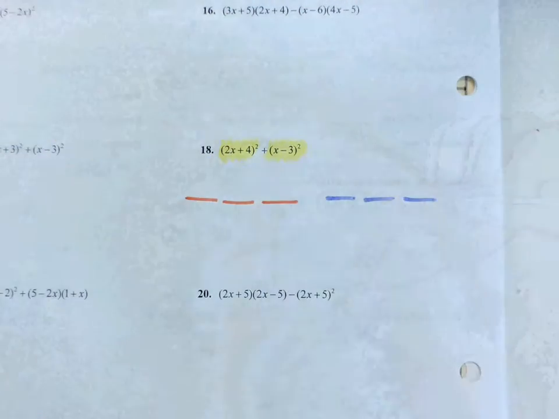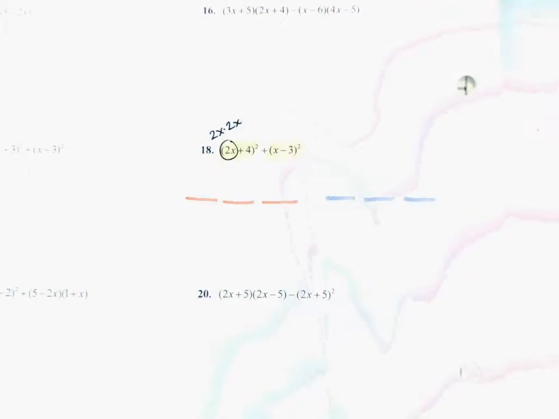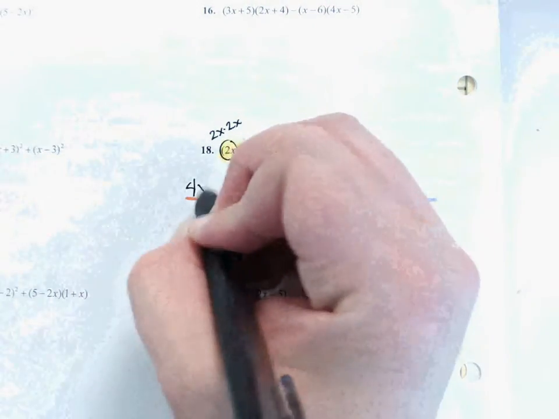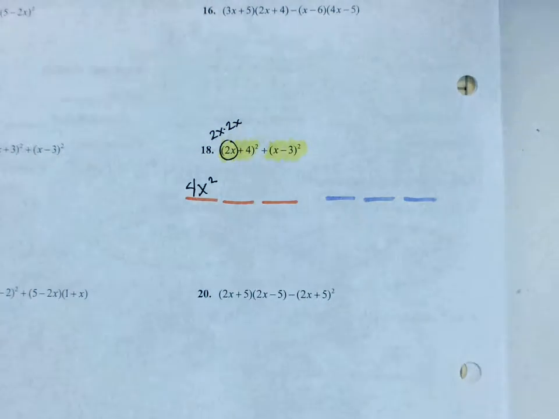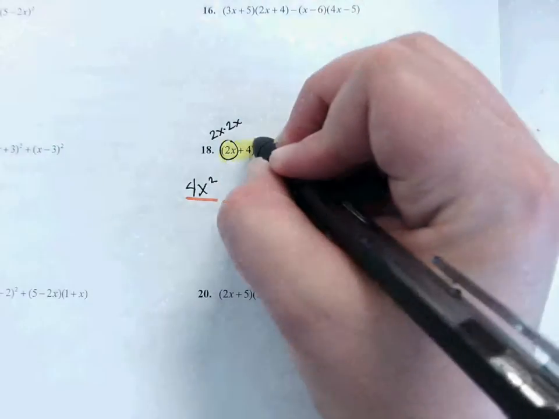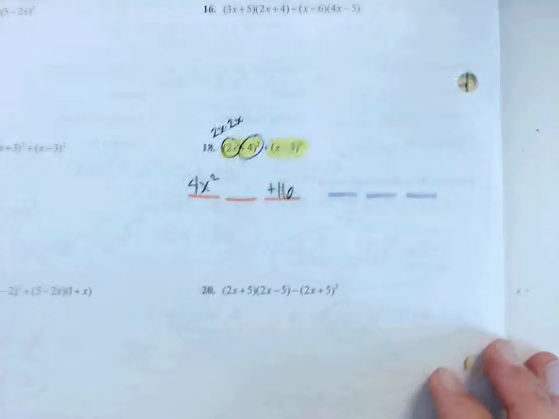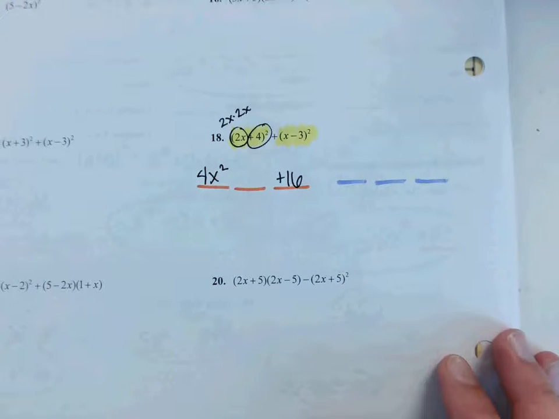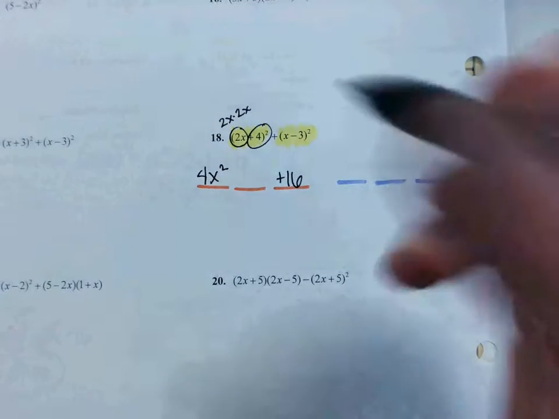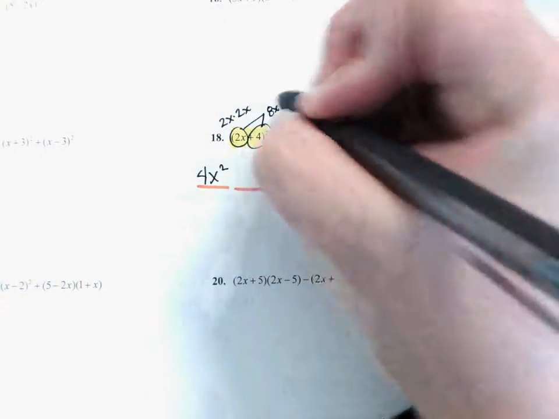Ready? First one, what is 2x if I square it and times it by 2x again? 4x squared. Doing the shortcut. Then I'm going to skip the middle, go to the last one. What's 4 if I square it? 16. Then in the middle, I'm going to combine and double. So what's 2x times 4? 8x. Double it in the middle.